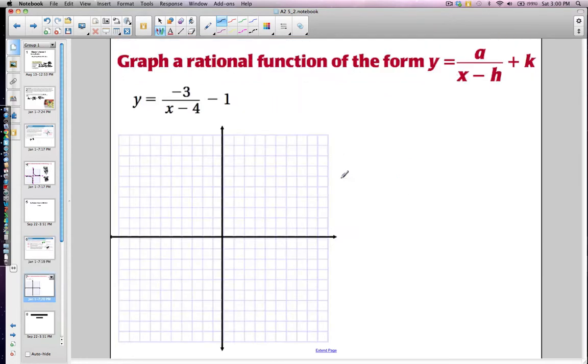So as I go ahead and do that, I want to identify h and k. So in this case, h is equal to 4, and k is equal to -1. Remembering that if I see -4, right, then it's going to be the opposite of that for h, and k is going to be exactly what I see. Okay, then I would go ahead and draw in those asymptotes.